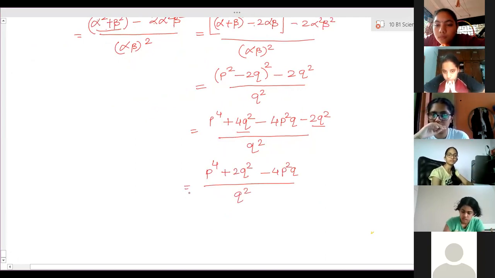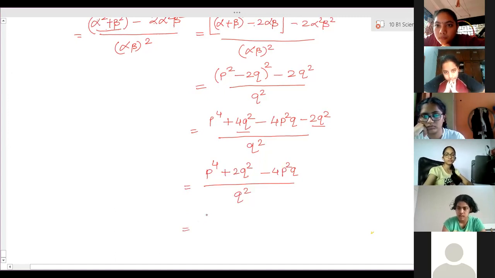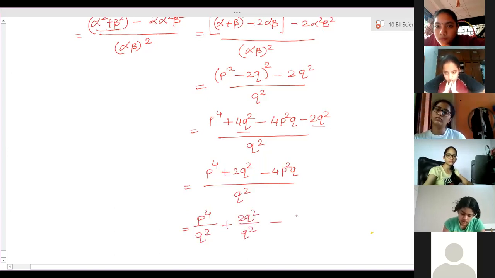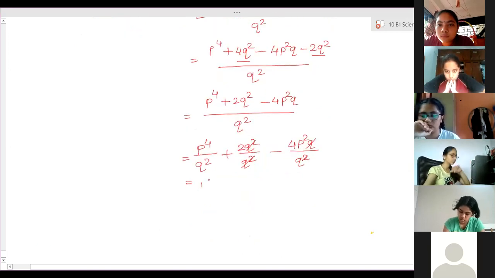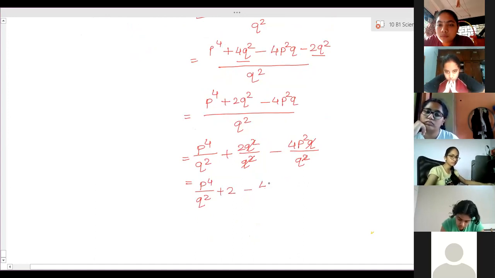This is clear? And now divide separately. p to the power 4 by q square plus 2q square by q square minus 4p square q by q square. So this q square cancels, one q cancelled. So it will be equal to p to the power 4 by q square plus 2 minus 4p square by q.